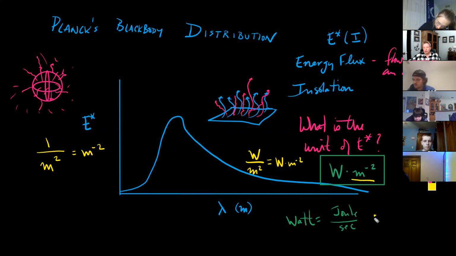So really this would be joules s to the minus 1, joules per second. This is actually the standard way of scientific notation. You don't usually put it divided by.